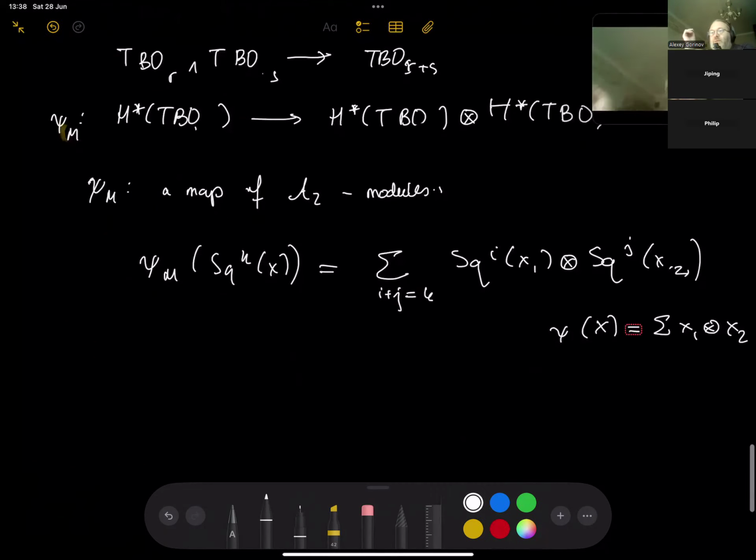And what is x1 and x2? So I said psi of x is defined as the sum of x1 and x2, indexed by i, j.